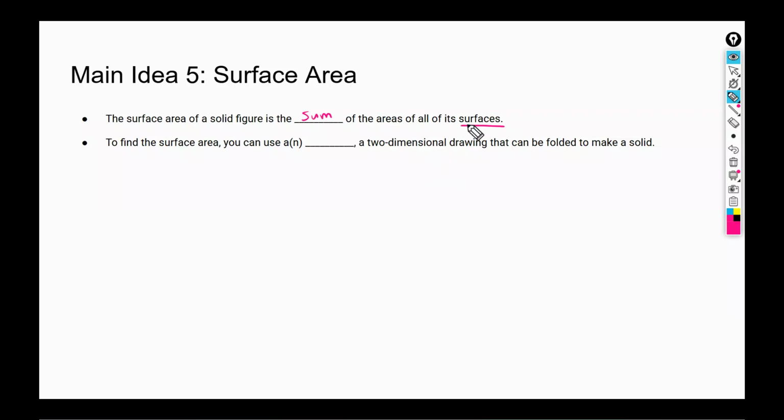To find the surface area, you can use a net, a two-dimensional drawing that can be folded to make a solid. That's what we had when I took that box and laid it out flat. The flat rendition of the prism was called a net.